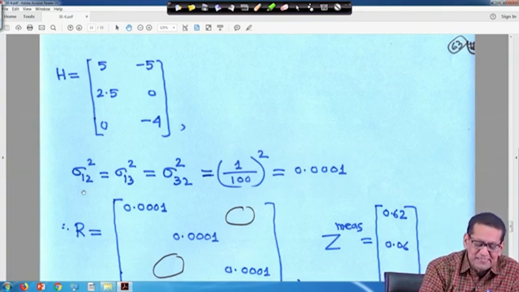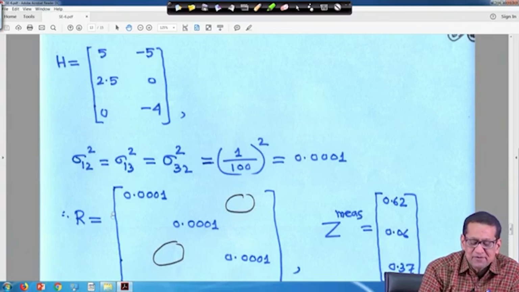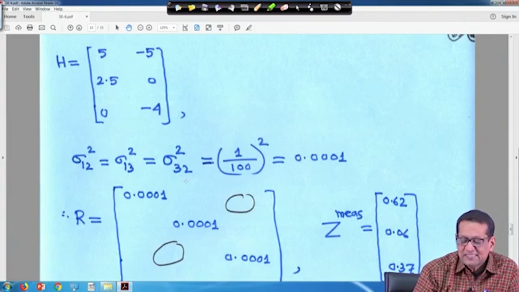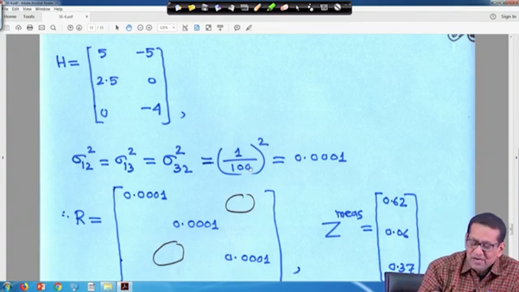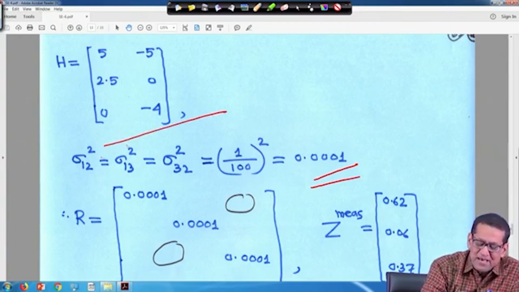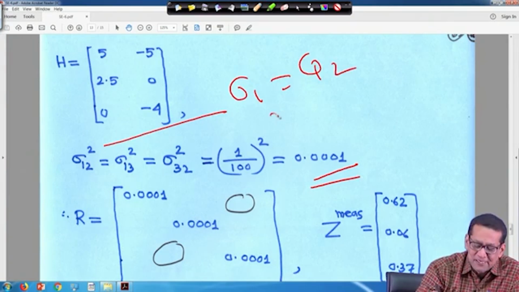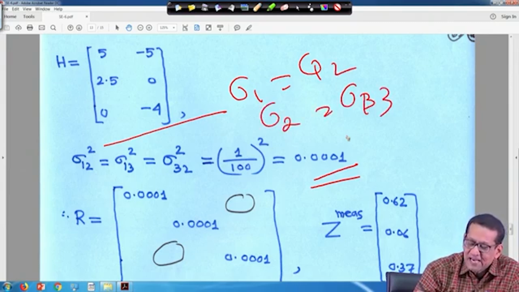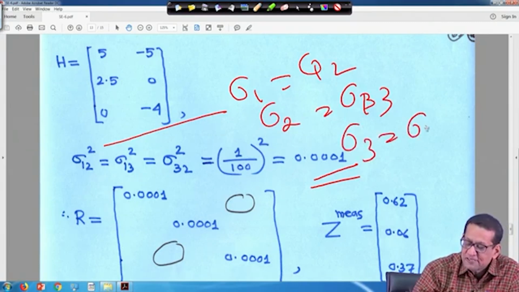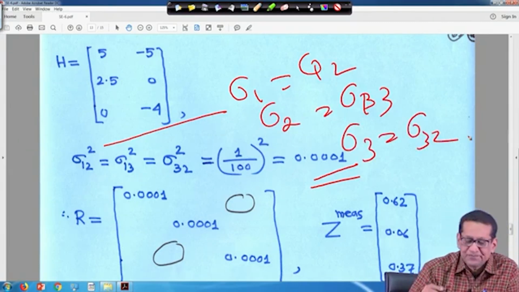So their variances, sigma 1 2 square, sigma 1 3 square, sigma 3 2 square, are nothing but 1 upon 100, I told you, 0.0001. Basically, from the mathematics derived, sigma 1 is equal to sigma 1 2, sigma 2 is equal to sigma 1 3, and sigma 3 is equal to sigma 3 2.